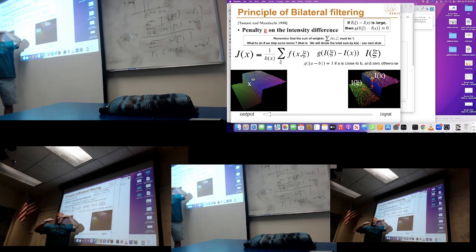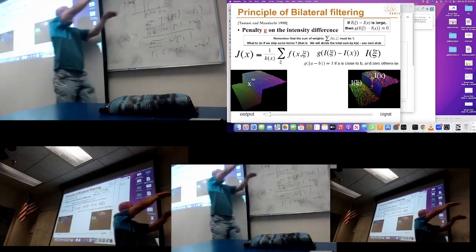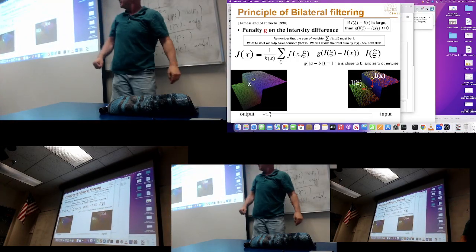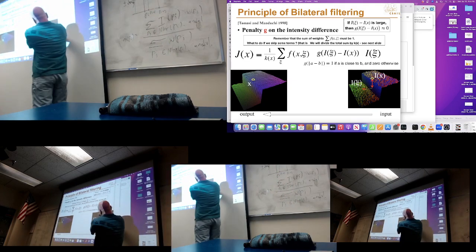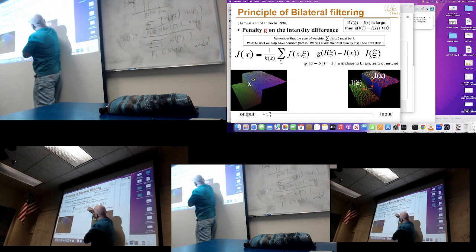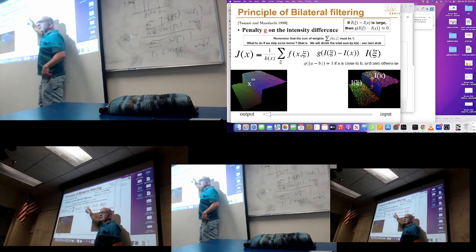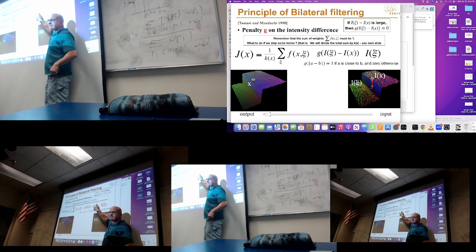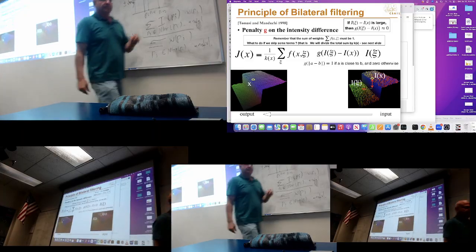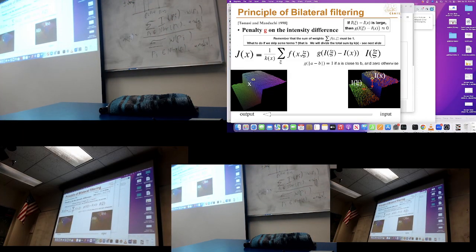It asks what is the gap in the intensities between the two of them. And if the gap of the intensity is large, then G will be very small. Make sense? If the intensities are similar, then you don't penalize it. You treat it as a normal pixel.